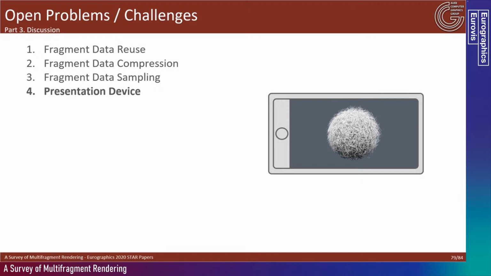So we believe it would be very interesting to see research problems that may arise when MFR approaches are applied in various other architectures with, for example, low latency bandwidth or very high memory constraints.